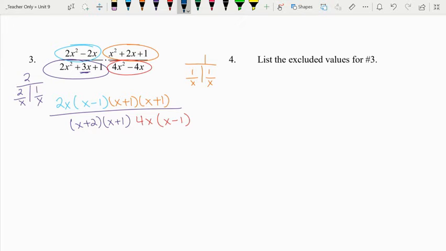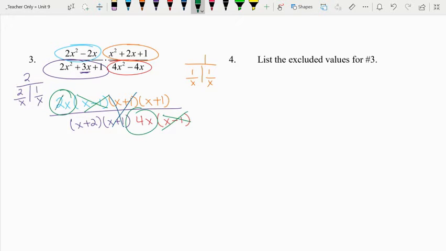So again, now's the time where we get to start canceling. We have x plus 1, and then we also have x minus 1 in the numerator and denominator. And then we also can reduce the 2x and the 4x.